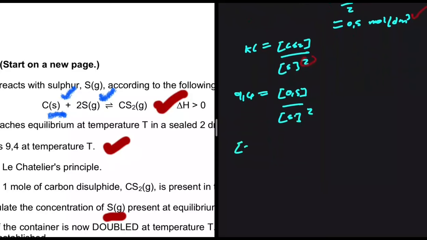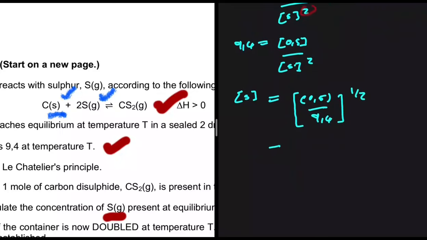So the concentration of sulfur will be equal to 0.5 divided by 9.4, everything to the power 1 divided by 2. We're taking square roots on both sides. If you put that in your calculator, you're going to get 0.23 moles per decimeter cube as the concentration of sulfur. There we go, 6.2.